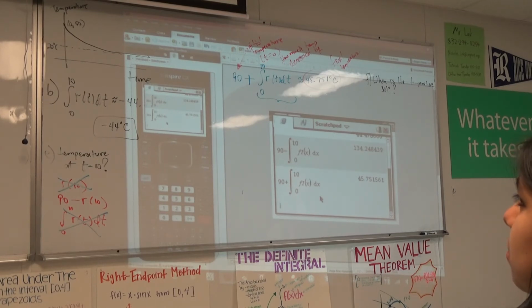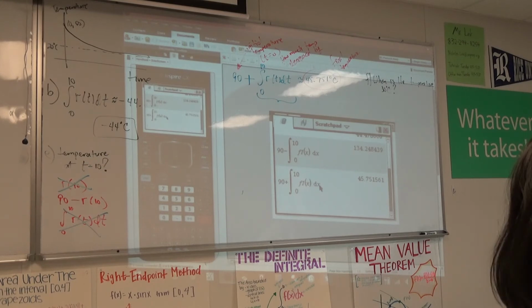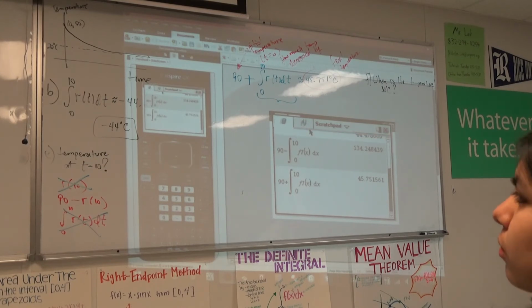You don't want to overuse the variable. Use it in only one place. And the place that you need to use it, if you go back to the question, they wanted to know at what time do you stop, like at what time is the temperature 30 degrees? So use the t here, don't use it in here.